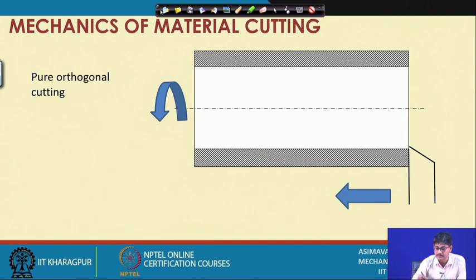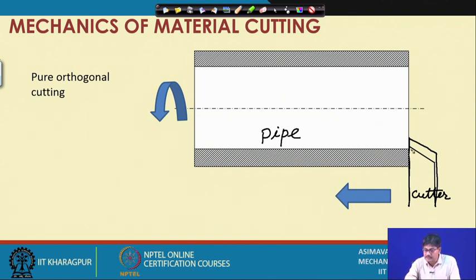if we now consider a pipe, so this is a pipe which is shown in section. This is the material, this is hollow, it is rotating, and due to the rotation, cutting is taking place, and this is the cutter. As the cutter is moving forwards this way, say its cutting edge is so large that it totally encompasses the depth of cut.